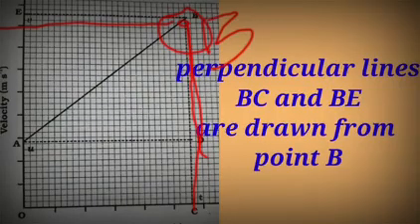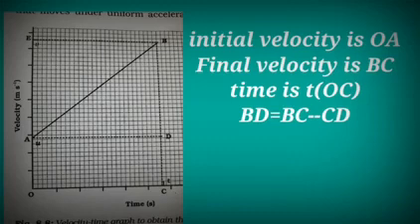Two perpendicular lines are drawn, that is called BC and BE, from the point B, and it touches the x-axis at C and the y-axis at E. The initial velocity u is marked as OA and final velocity V is marked as BC in time t.